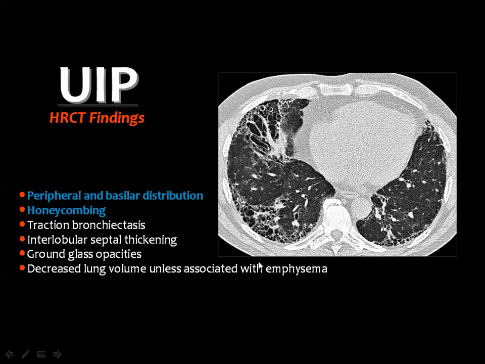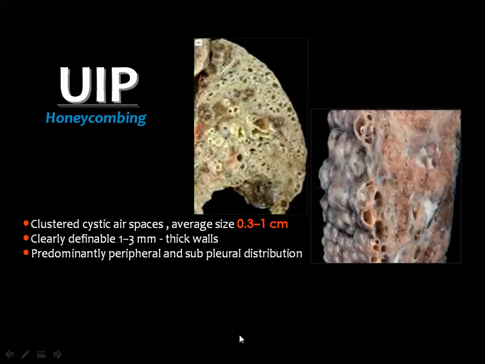The lung volume will be decreased due to fibrosis unless the patient develops emphysema, in which case the lung will expand. One of the major issues here is the presence of traction bronchiectasis due to the fibrotic reaction pulling on the wall of the bronchi.